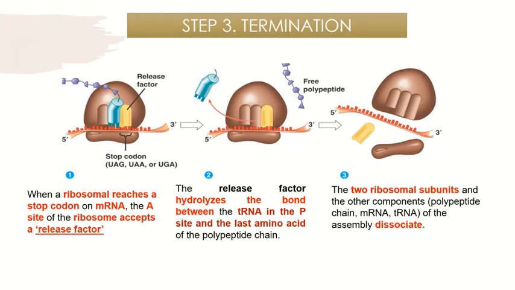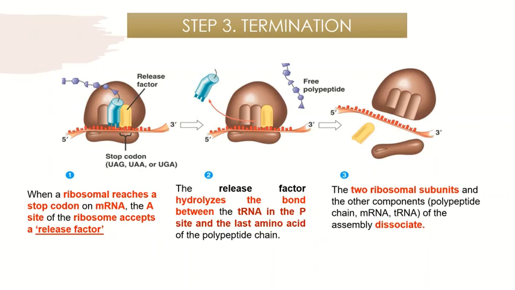For the termination process, when a ribosome reaches a stop codon on the mRNA, the A site of the ribosome accepts the release factor. Here, the stop codon will be detected on the mRNA strand.